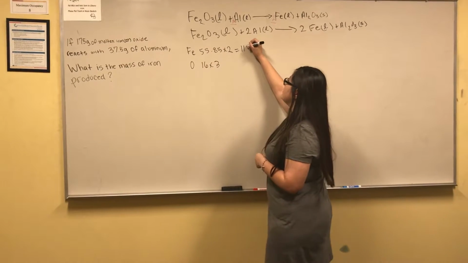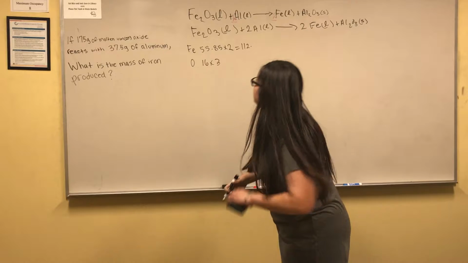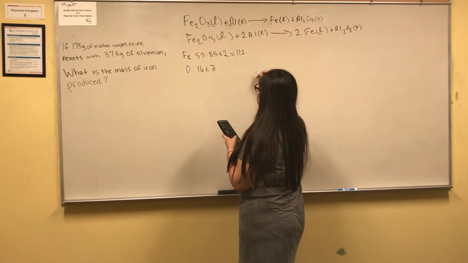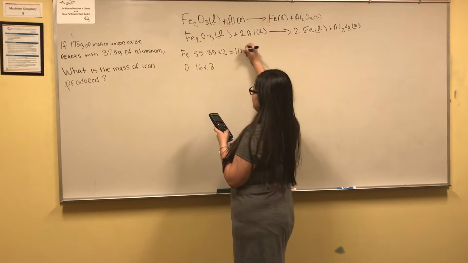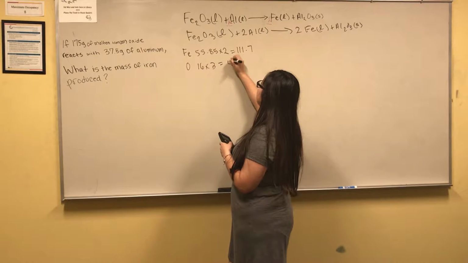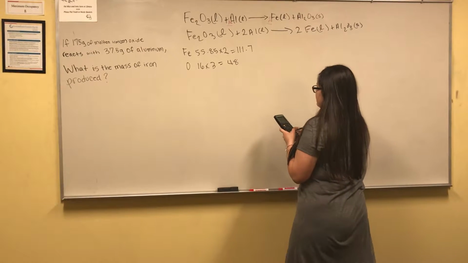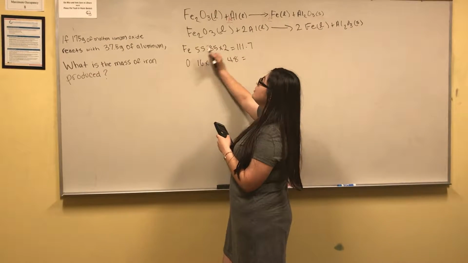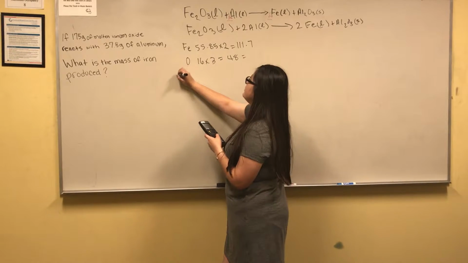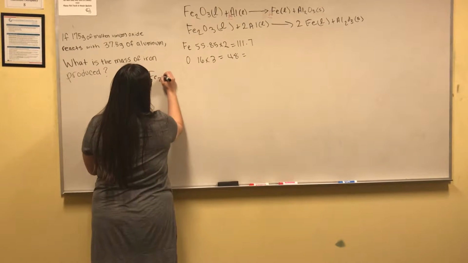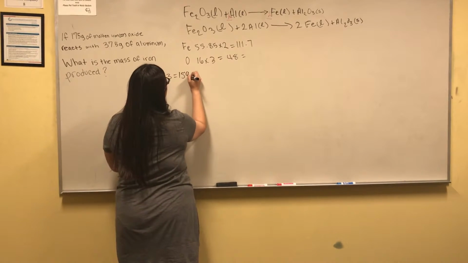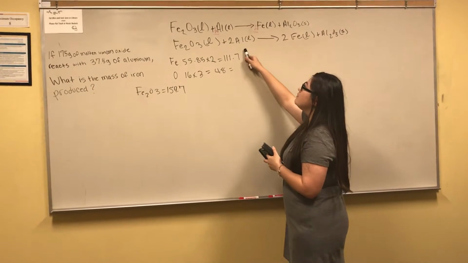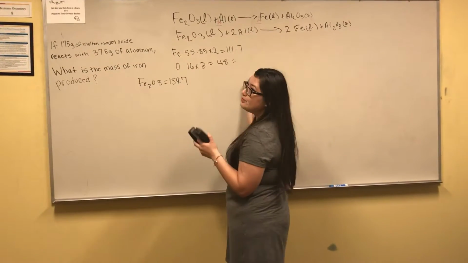This is 111.7, and this is 48, so then that will equal 159.7. So the molar mass for Fe2O3 is 159.7.